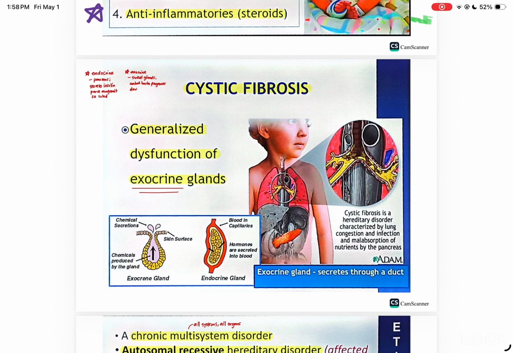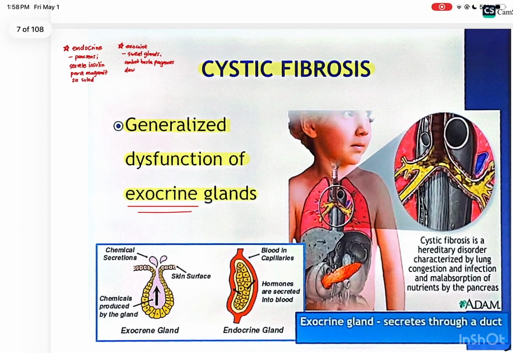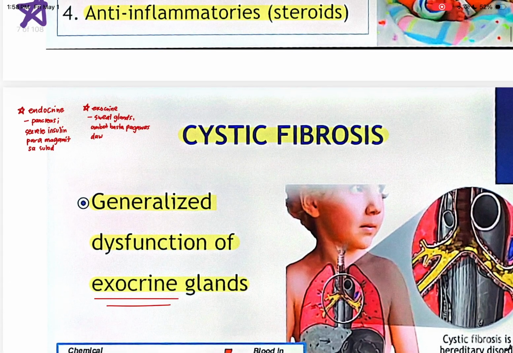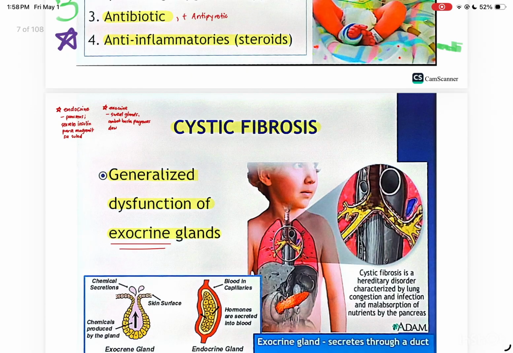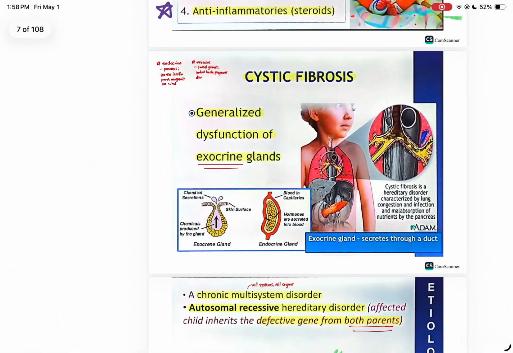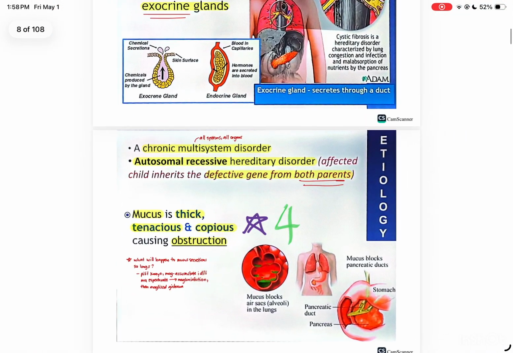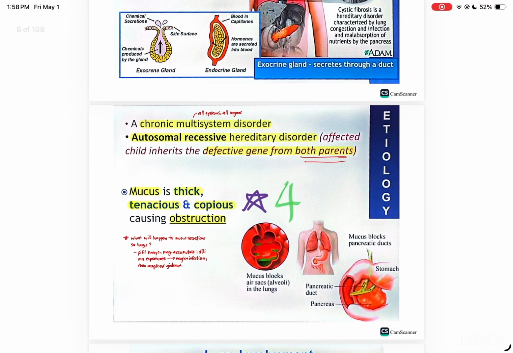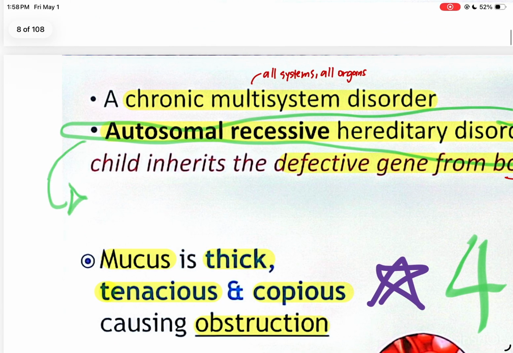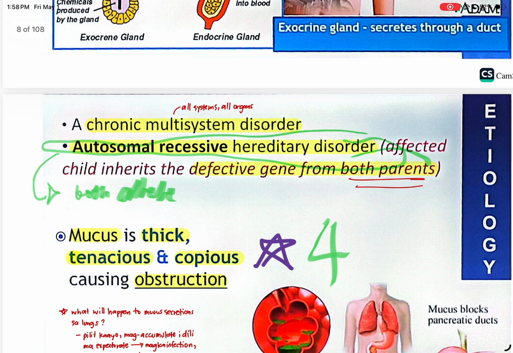Okay. Cystic fibrosis, this is something I learned in grade 12. It is a hereditary disorder characterized by lung congestion. There is excessive build-up of mucus because the exocrine glands are dysfunctional. Exocrine glands are like sweat glands, which secrete outward, and endocrine are those that secrete inside. It is a chronic multisystem, autosomal recessive hereditary disorder.